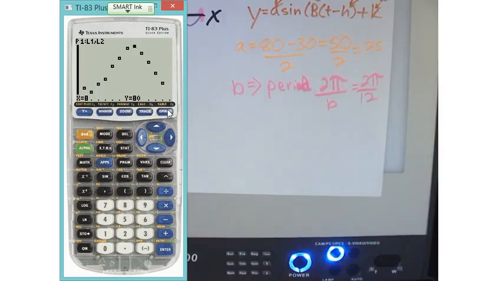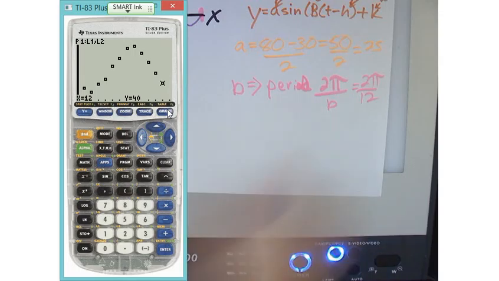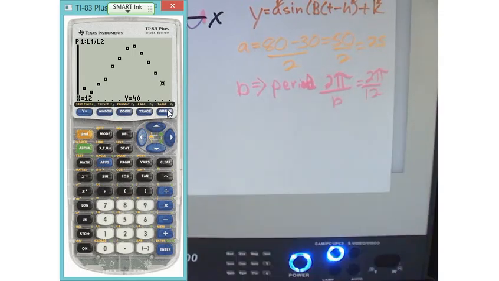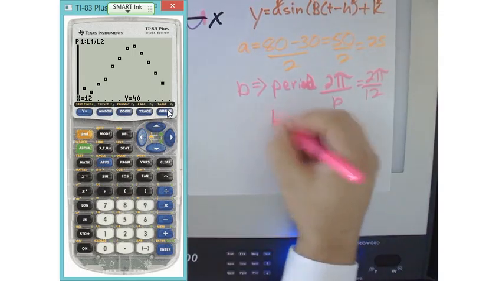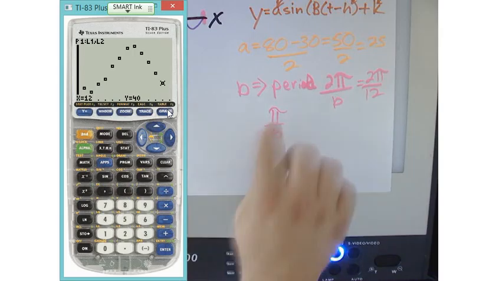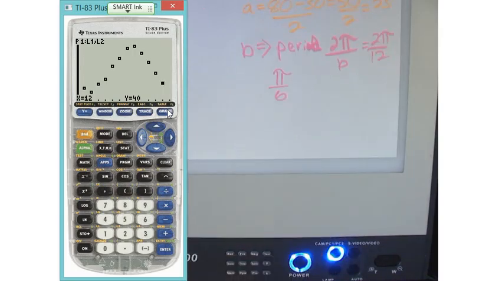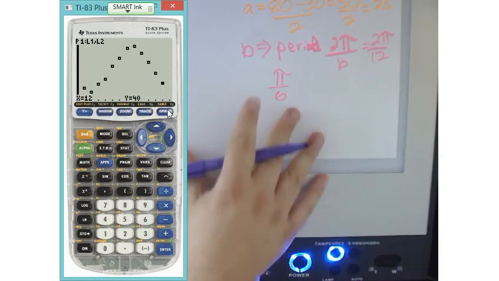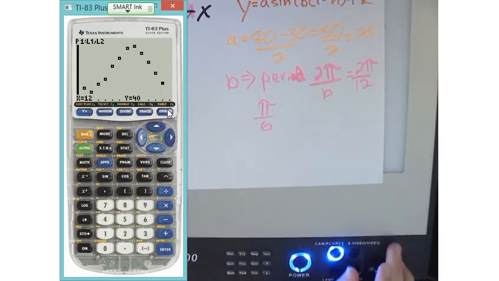Because this is the 9th month, this is the 10th month, the 11th month, the 12th month, and if this is truly a sinusoidal function, then it should start over at 12 months. Can I do something with this numerically? Yeah, it's just pi over 6. So let's assume that b equals pi over 6. All right. Now we've got to do the stretchy thing.